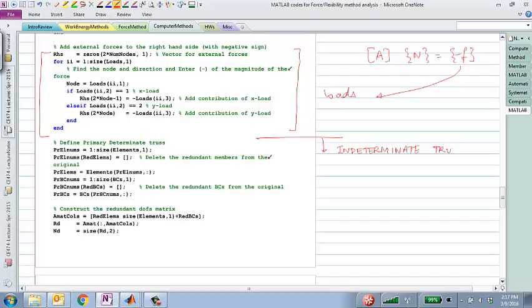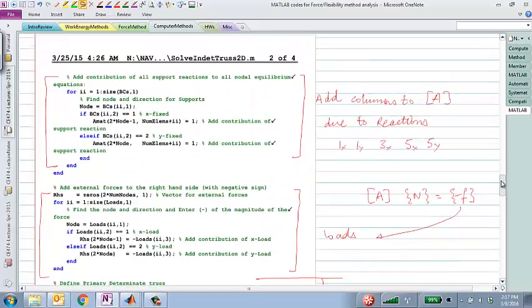Indeterminate truss using force method. So first I need to define a primary determinate truss, and in this case we do that by deleting the redundant members from the A matrix, or deleting the redundant boundary conditions for the A matrix.